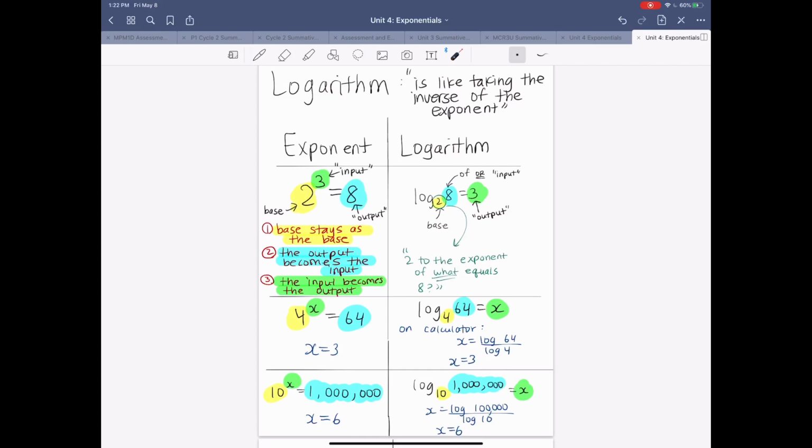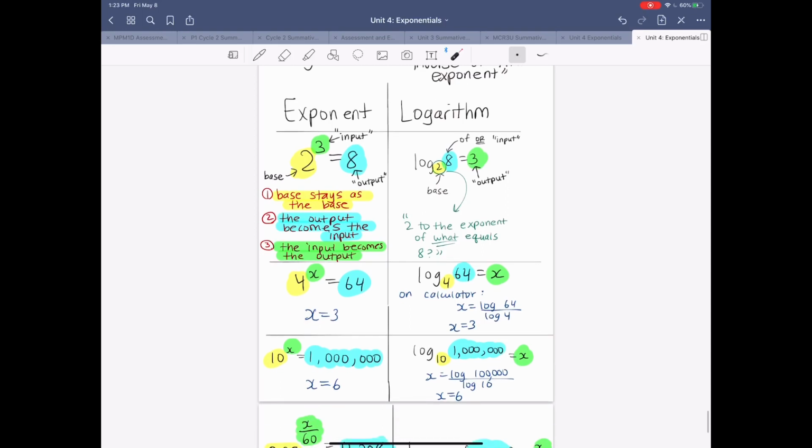So with that in mind, I'll show you this side note that I have provided. This side note was made as I was referring to the Khan Academy logarithm video, and I put in my own input. The main idea is that a logarithm is like taking the inverse of the exponent, and this is more heavily done in grade 12. For this example, 2 to the exponent 3, we know that the answer is 8.